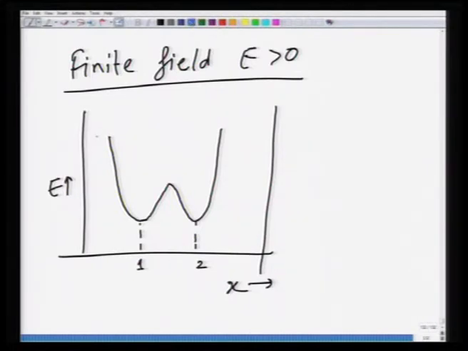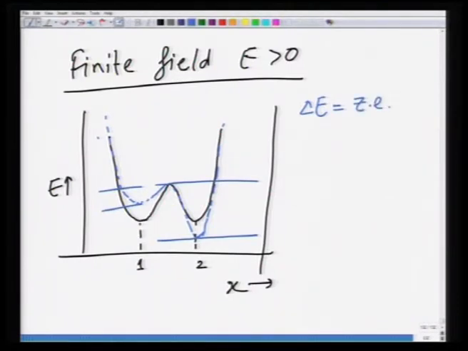The energy wells on one side increase in height as compared to the energy wells on the other side. The magnitude of this change, delta E, would be equal to Z E.